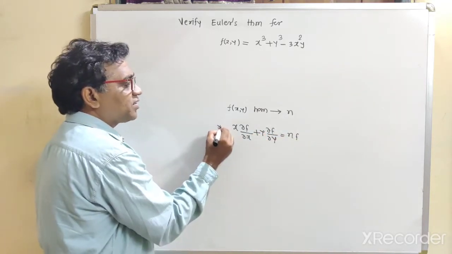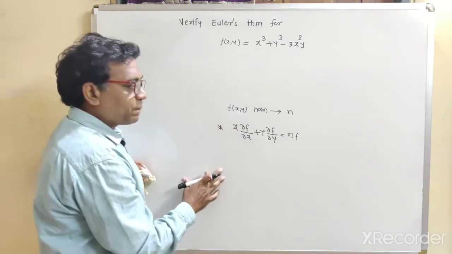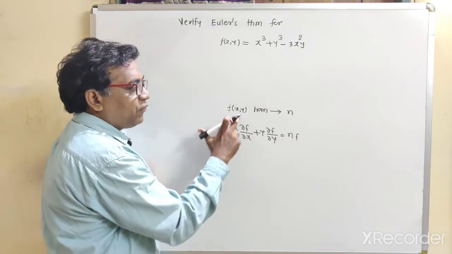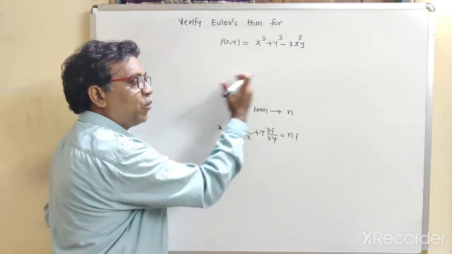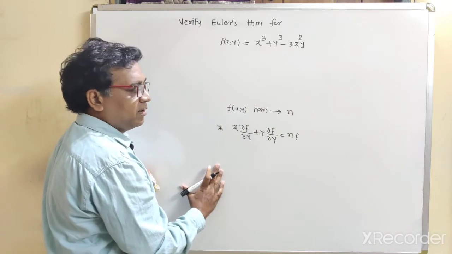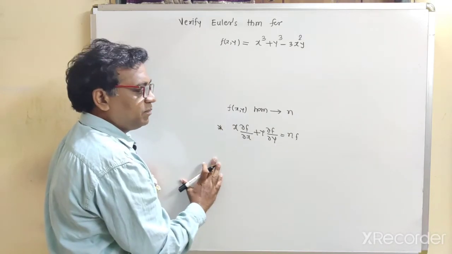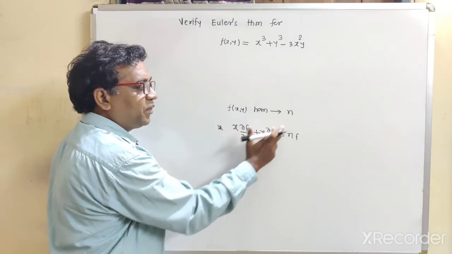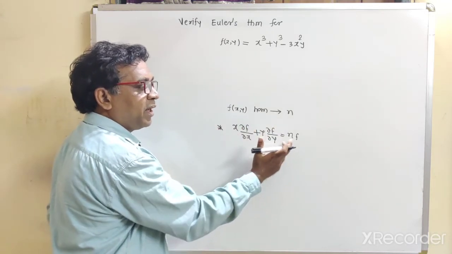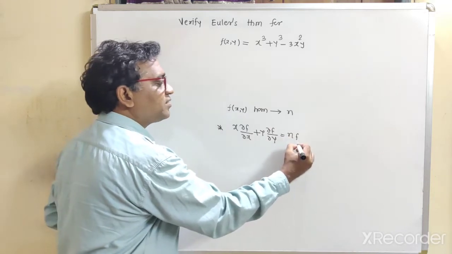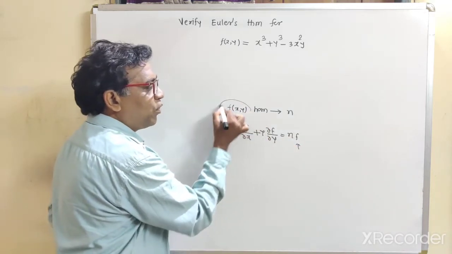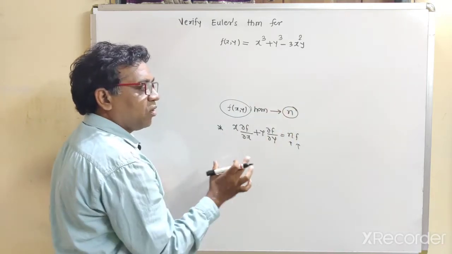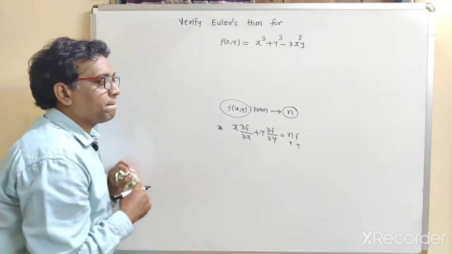The value of x into del f by del x plus y into del f by del y is given by n into f, where f is the homogeneous function and n is the degree of that homogeneous function.